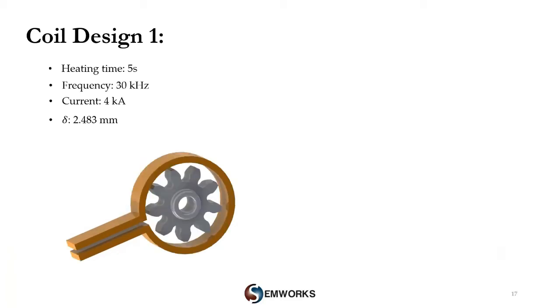For this first coil design, which is made of a one-turn inductor with a gap separating the entry and exit ports, if we consider static hardening, where both the inductor and the gear are fixed, 5 seconds of heating at a frequency of 30 kHz are enough to heat up the gear to the desired temperature mentioned in the previous slide.